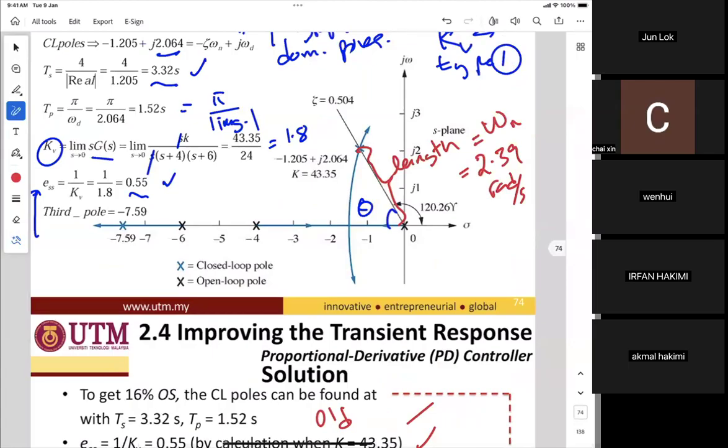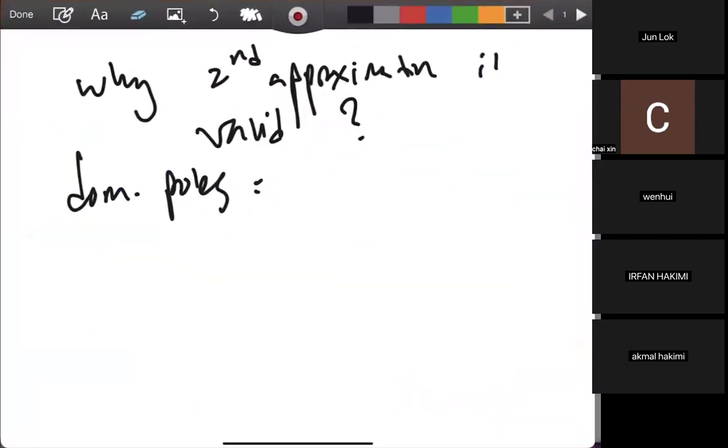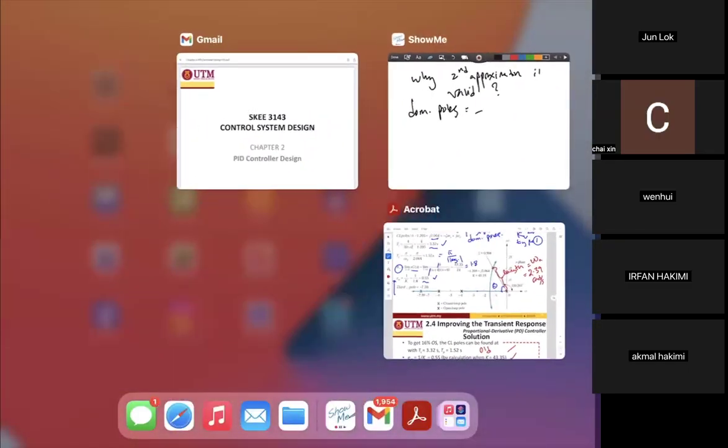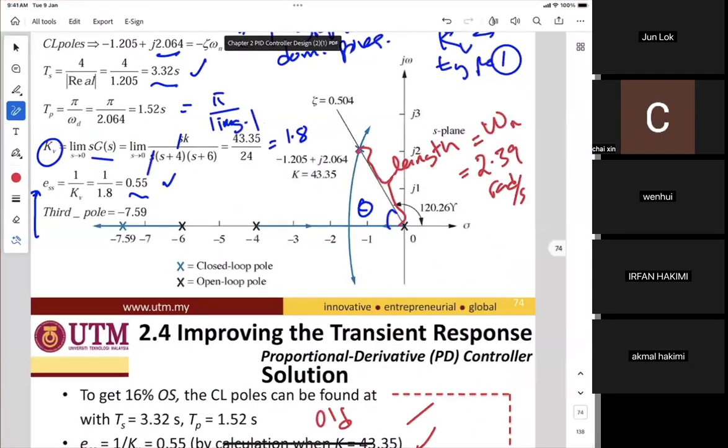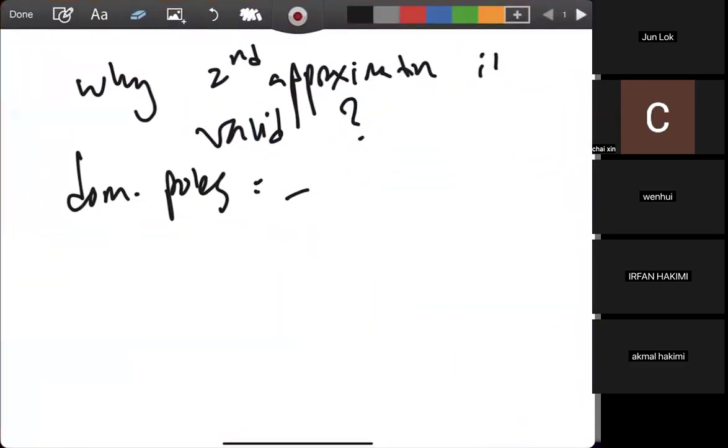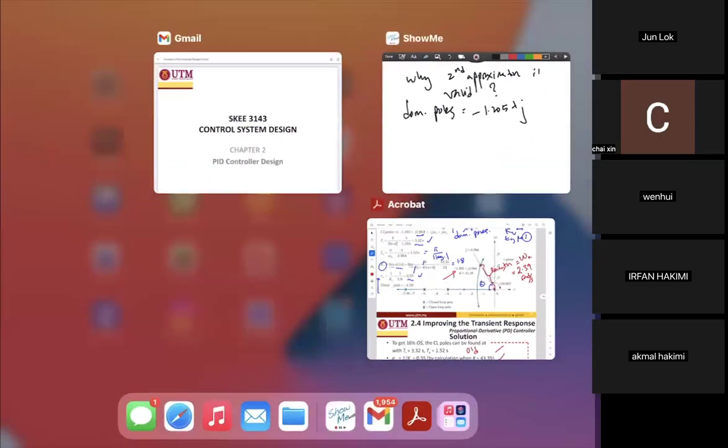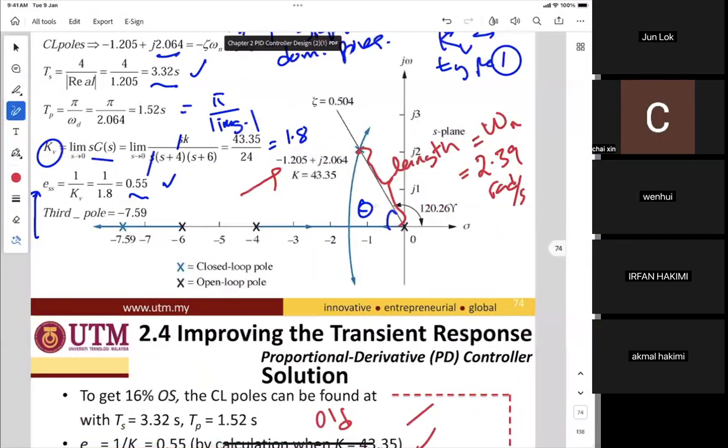What is the dominant pole here? Minus 1.205, am I right? And the imaginary part? 2.064.